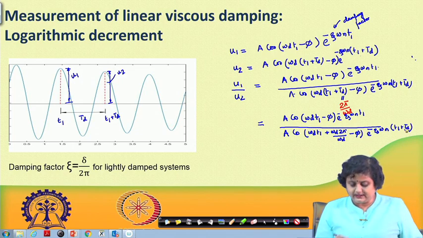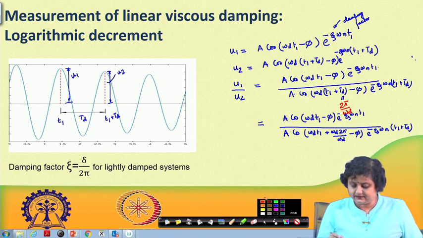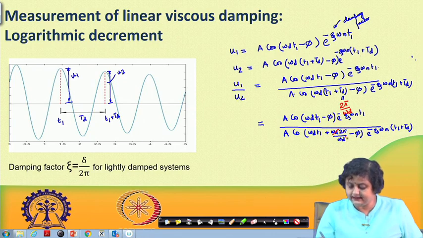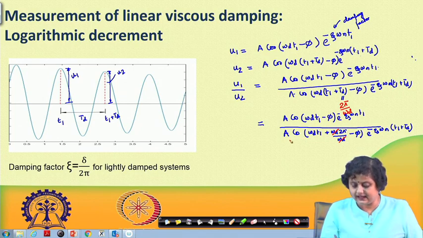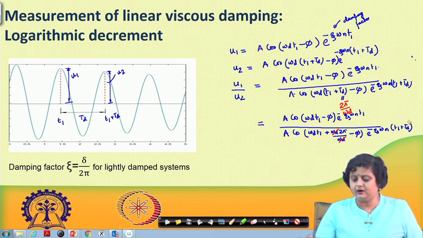Here, omega d cancels out with omega d. So, in the denominator I am just left with A cos(omega d t1 plus 2 pi minus phi) into e to the power minus zeta omega n (t1 plus Td).